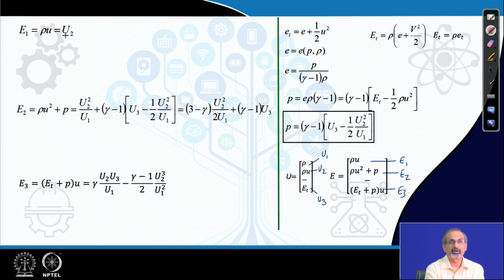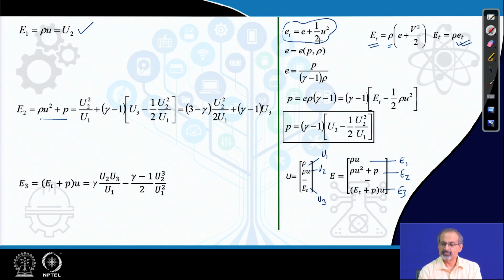How do we take it forward? E1 is rho u, and that can be equated with U2 straight away. What about E2? It is rho u square plus p, and then it is a slightly tedious conversion. We introduce small e t as e plus half u square, while capital E t was already defined as rho times small e t.